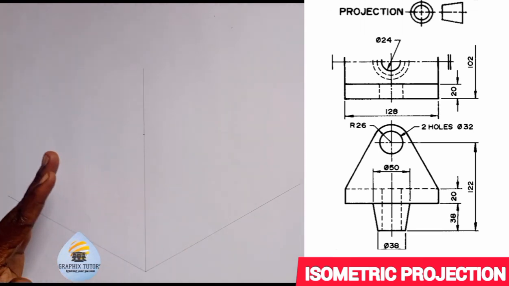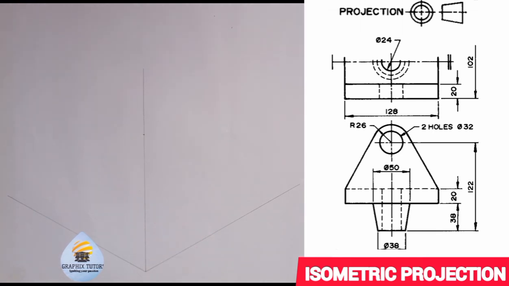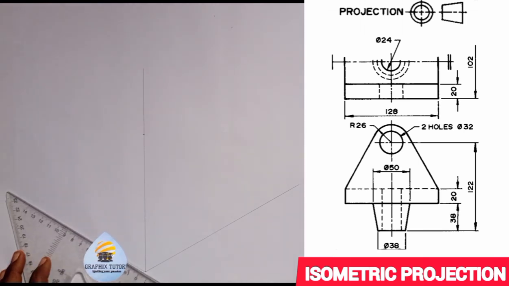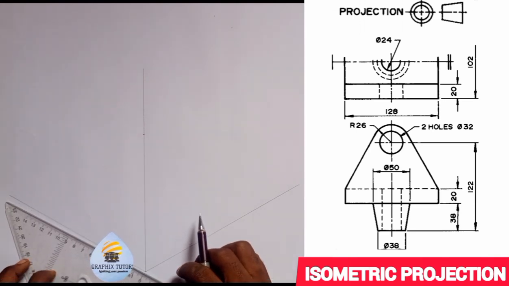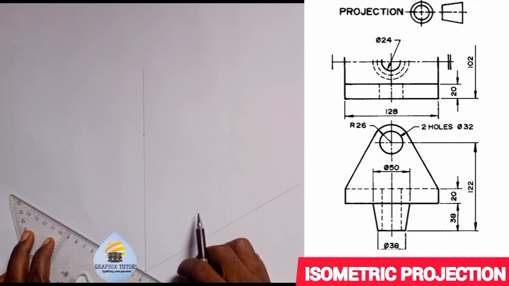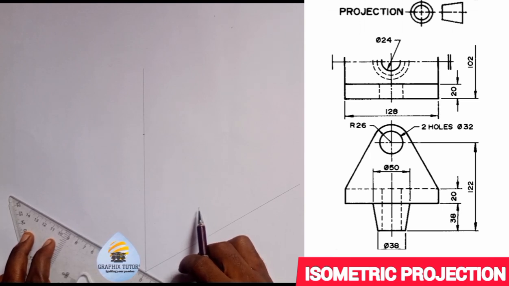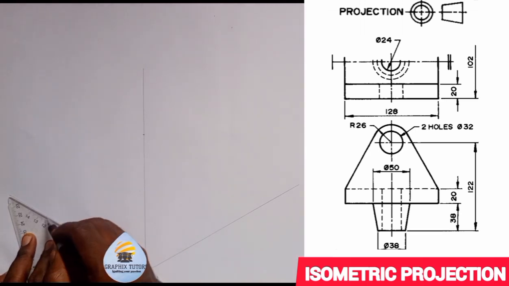Now, the next thing is it is facing this way. That is why if you look at the diagram, it's facing like this. The width here, from here to here, is given as 128. So I'm going to measure 128 here from 0 at this point, so this is 120, 128.